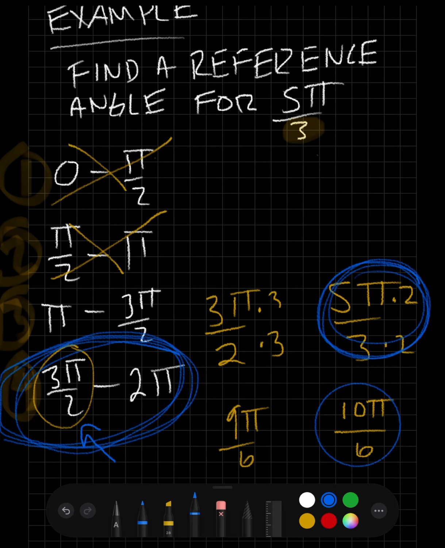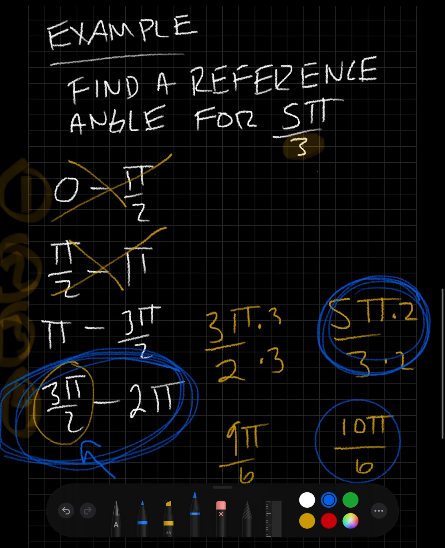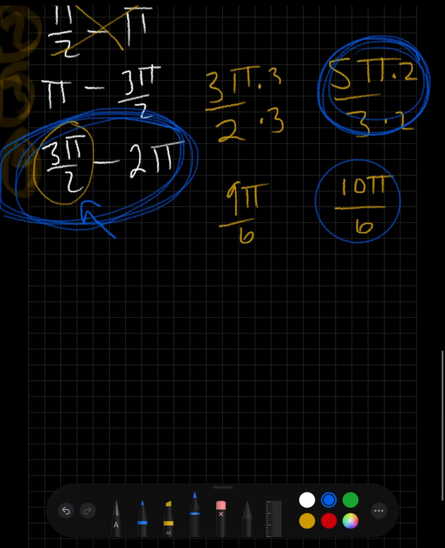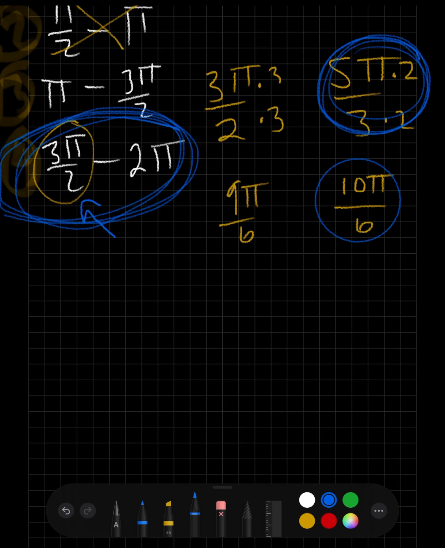I think you guys might have some questions about it, but once you get used to this method, it can really help you if you feel stuck. So I know that I'm in quadrant 4, and that means I'm going to follow my quadrant 4 rule, which says take 2 pi and subtract t. So I take 2 pi and subtract my angle, 5 pi over 3, and that should give me my reference angle.